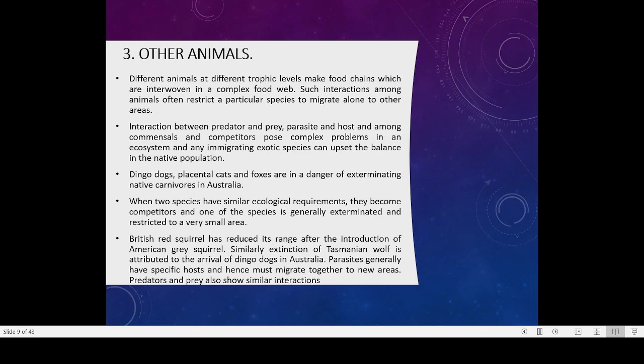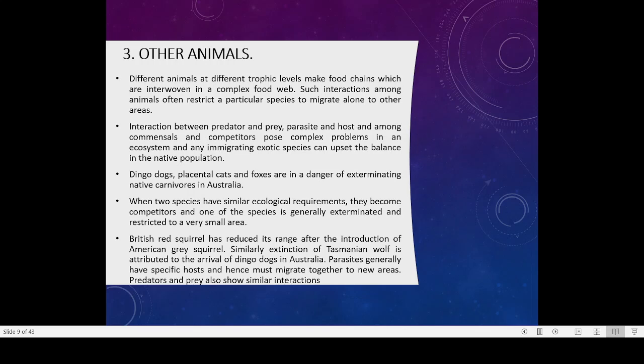Dingo dogs, placental cats, and foxes are in danger of exterminating others. Dingo dogs means the normal dogs that you are seeing here. Then the normal cat, that is a placental cat, and similarly foxes in our area. Europeans have taken these dogs and cats as well as foxes to Australia.